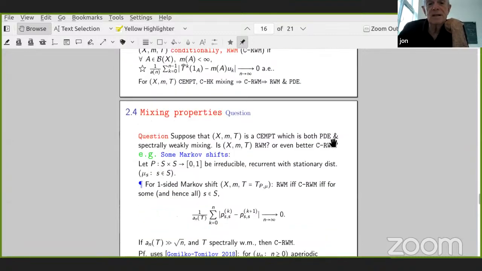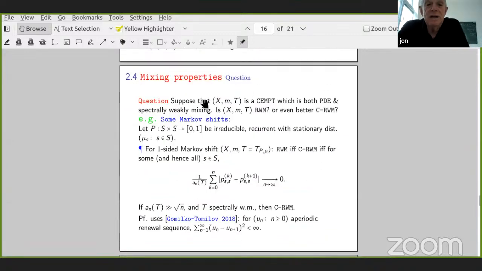Okay, so here's a question. Now we've got a transformation which is both pointwise dual ergodic and spectrally weakly mixing. Is it true that X, mu, T is rationally weakly mixing, or even better, is it conditionally? So let's test this out, see what we know about Markov shifts.